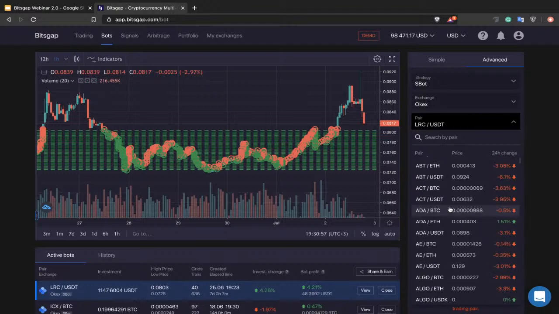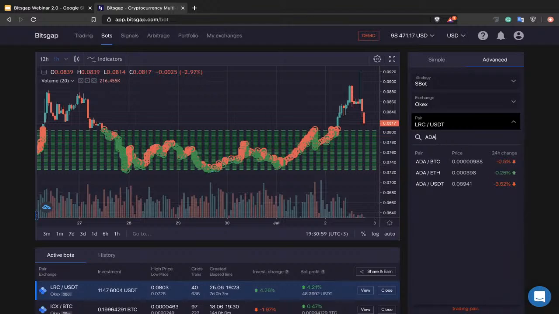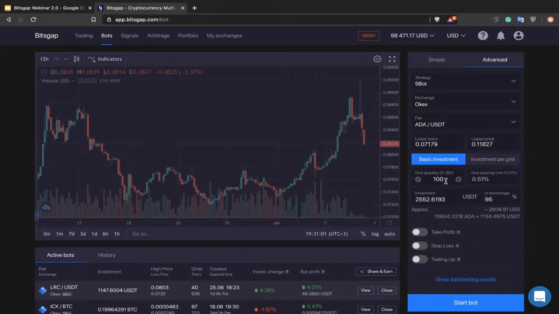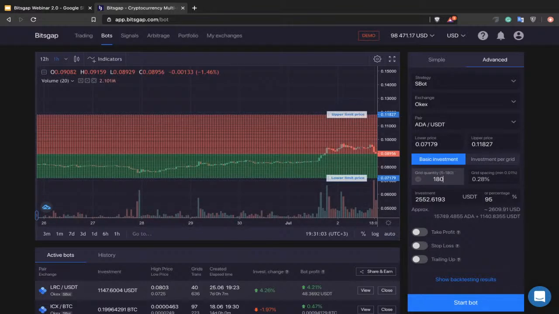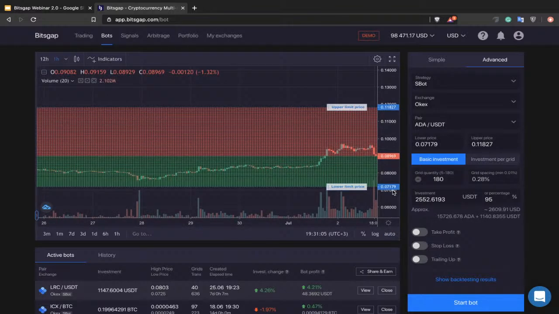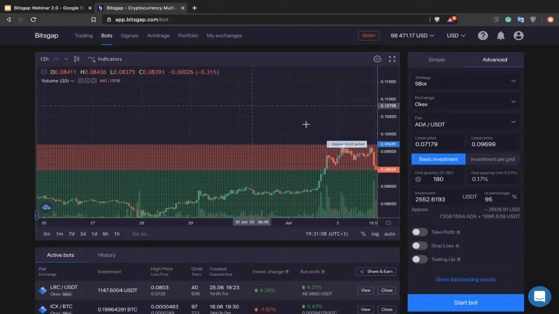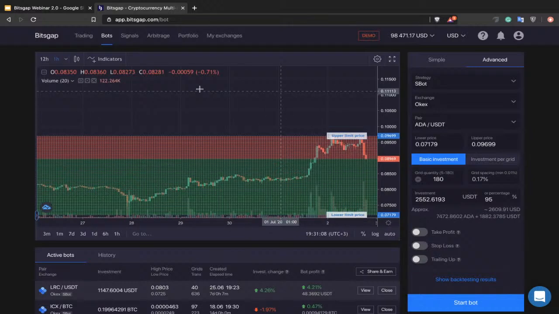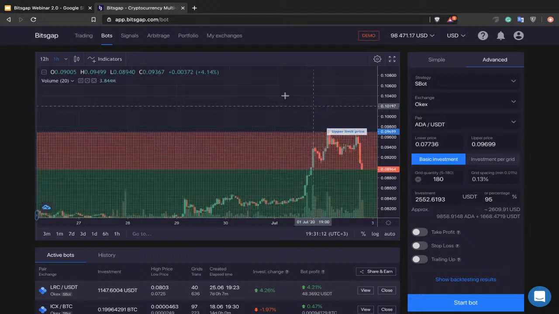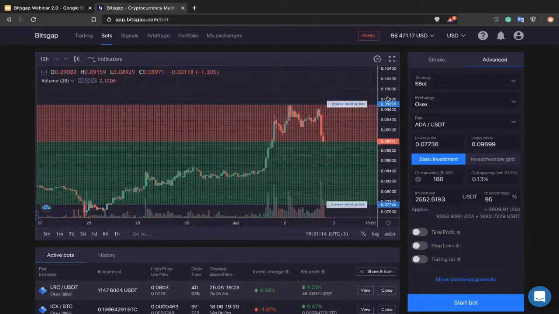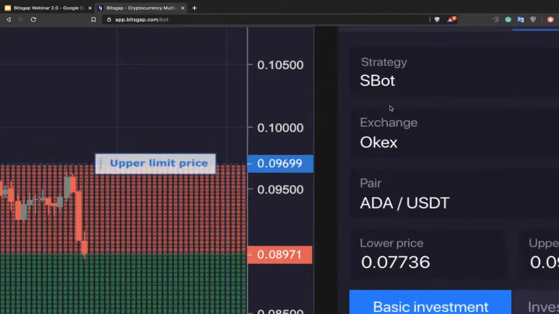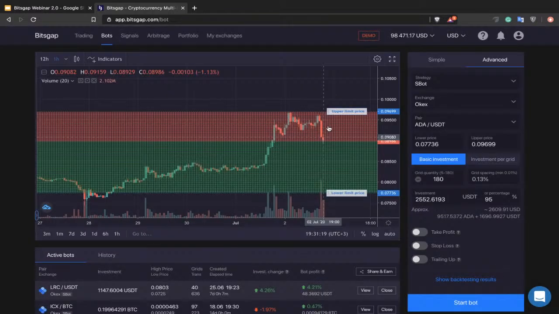So let's again use other USDT. I had 180, and I think my spacing was around here. Let's make it even narrower. The reason why it asks me to have enough Cardano on my balance is because I have this sell side. So in order to place all of these sell limit orders, I must possess Cardano, all right?